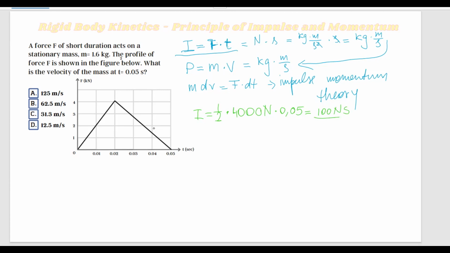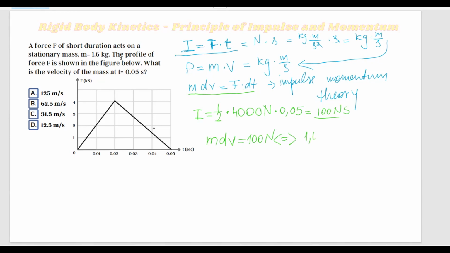Perfect. Now, if I come here and say that this equals mdv, based on this impulse momentum theory, we know that impulse equals the momentum. So I will say that mdv equals 100 newton seconds. And moving forward, m equals 1.6 kilograms.